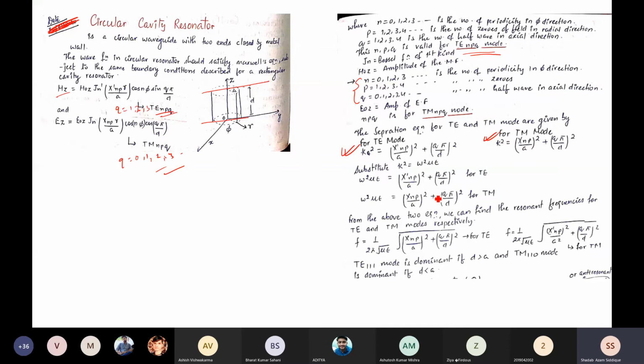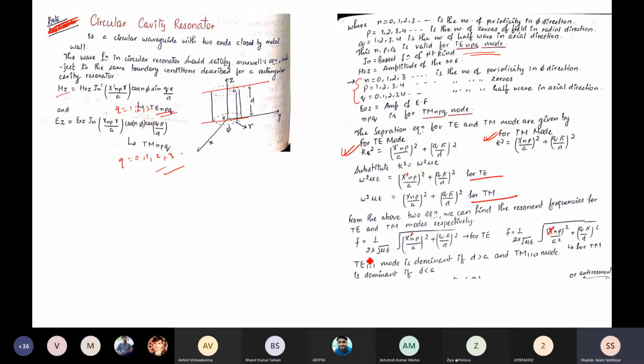So from the above two equations, we can find the resonant frequency for TE and TM modes respectively, and f comes out to be 1 by 2 pi root under mu epsilon, times Xnp by a whole square. One mistake: it is not Xnp, it is Xnp dash. So Xnp dash whole square plus q pi by d whole square for TE, and similarly for TM we have this one, with q pi by d whole square for the TM mode.